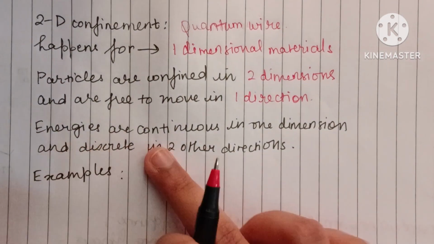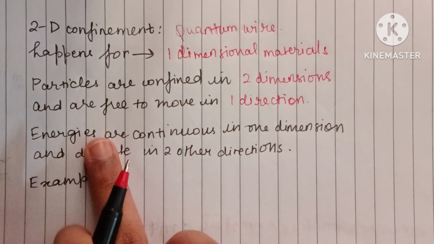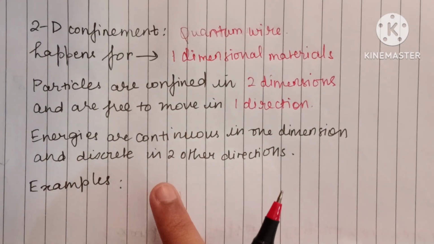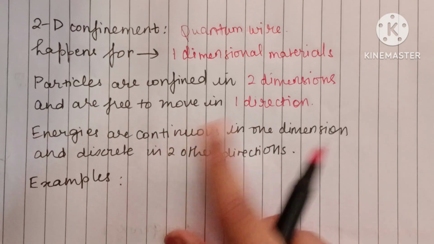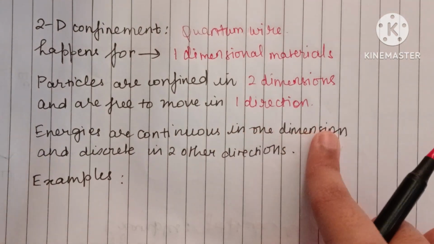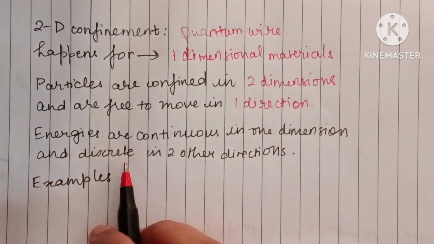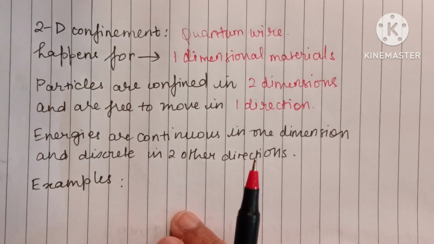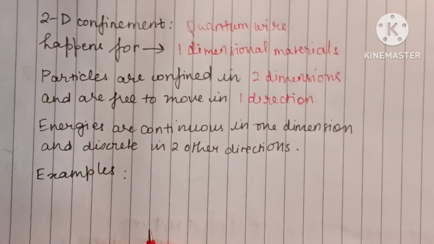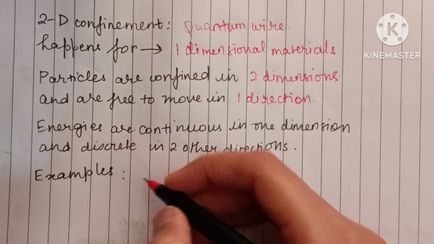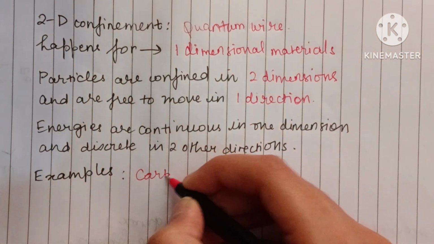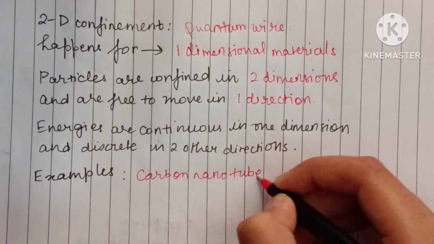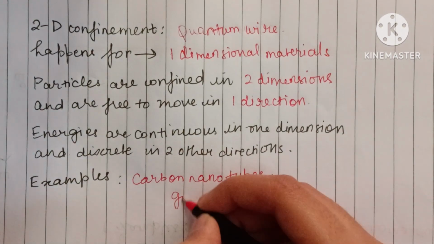The energies are continuous in one dimension, that is, along the wire's length, because the particle isn't restricted in this direction and the energy can vary smoothly. And they are discrete in the other two directions, meaning they can only take certain specific values of energy. Some examples are carbon nanotubes and gold nanowires.